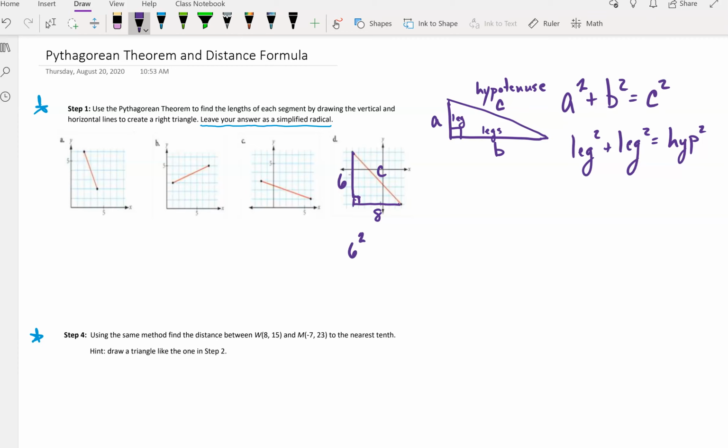I can say 6 squared plus 8 squared equals c squared, and we get 36 plus 64, which is going to give us 100 if we add those together. And the last step, remember, in calculating that hypotenuse is to take the square root. Well, this is really handy. 100 is a perfect square, so I know my value of c is 10. It doesn't always work out that great, but a lot of times it does.